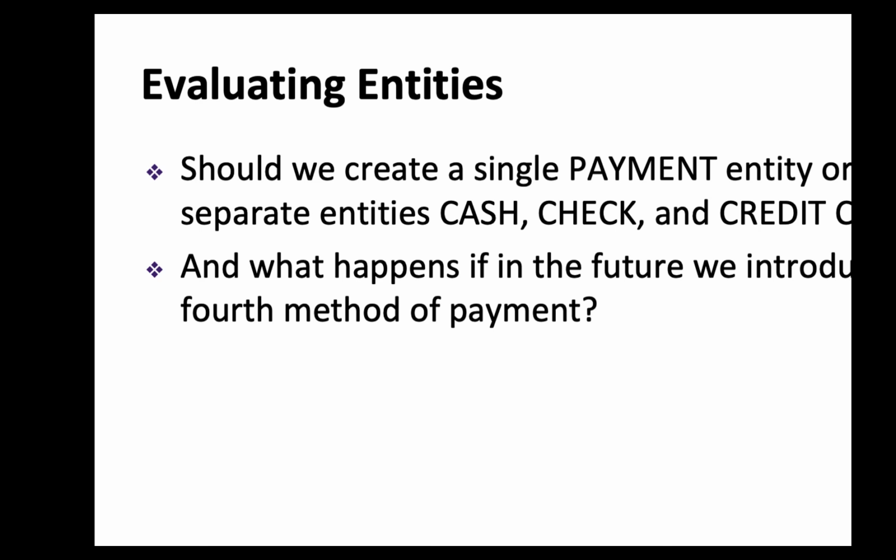And what happens if in the future we introduce a 4th method of payment? For example, Bitcoins, right? Or some other type of payment, some barter system or something. Okay, so it means that you have to add another entity if you are adding 3 entities.